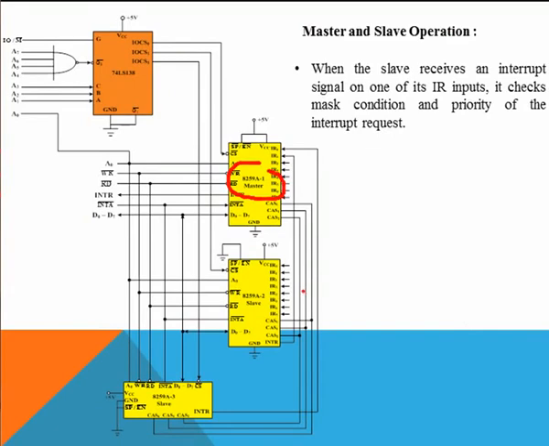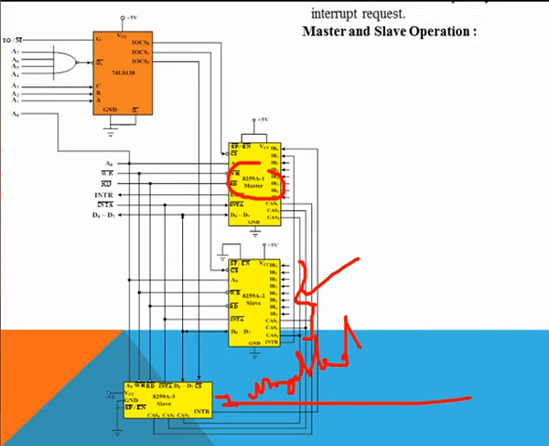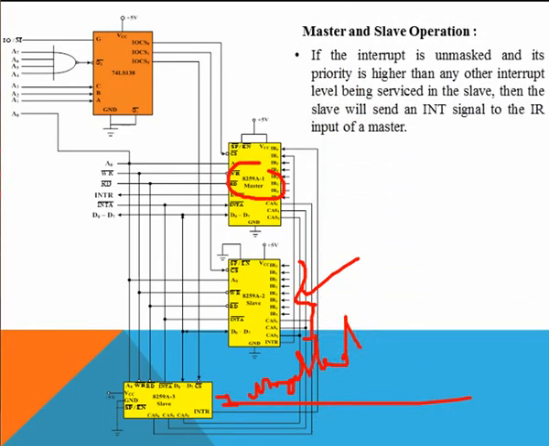When any slave receives an interrupt signal on one of its IR inputs, it checks the mask condition and priority of the interrupt request. If the interrupt is unmasked and its priority is higher than any other interrupt level being serviced in the slave, then the slave will send an INT signal to an IR input of the master.